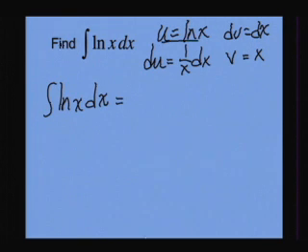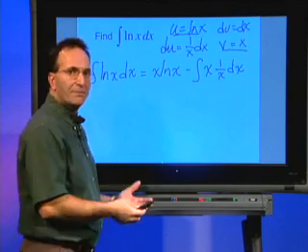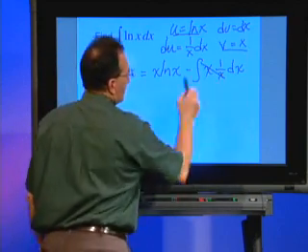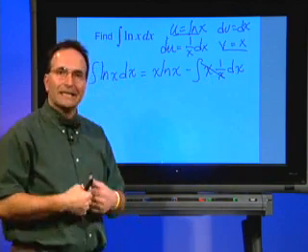So u times v, but I'm actually going to write it as v times u. So x times log x minus the integral of v, which is x, times du, which is 1 over x dx. But then you'll notice the x's will cancel down to 1, so we're really just integrating dx.